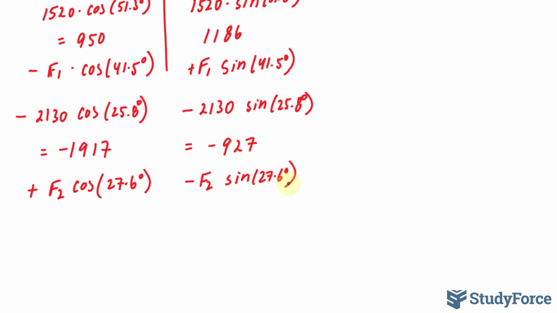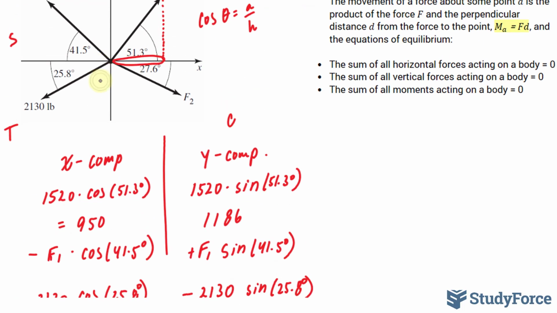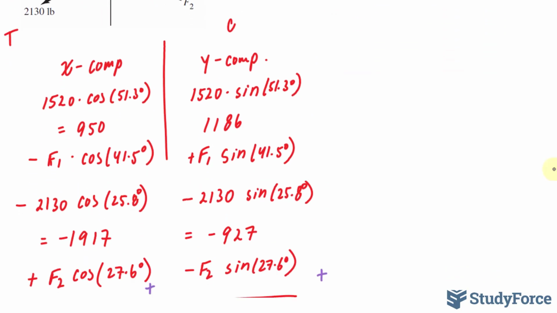Now, if I add up all of these components, all the x components, and add up all the y components individually, I should end up with 0 because that object, that point in the middle, is static. So I'm going to go ahead and add these all up and make it equal to 0.